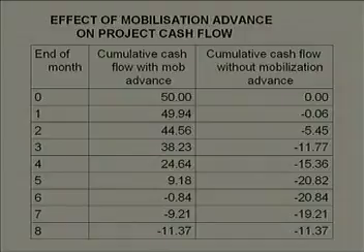One, when the contractor has received a mobilization advance worth rupees 50 lakhs. The last column of this table will show you the figures corresponding to the situation in which, as a contractor, you have not received any mobilization advance.